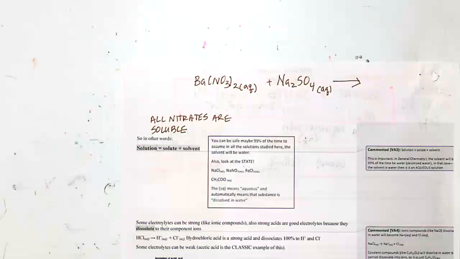So what is this reaction and what are the products? We mix those 2 up: barium nitrate and sodium sulfate. Before I let you guys leave, we're going to figure out what this reaction is. What's going on here?